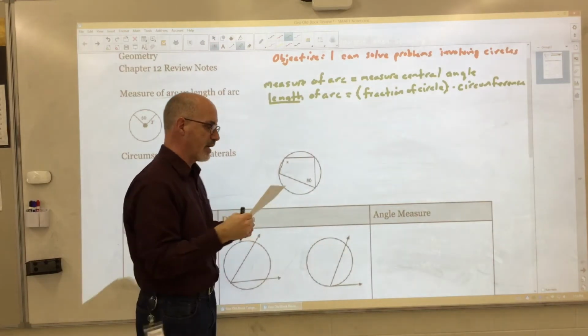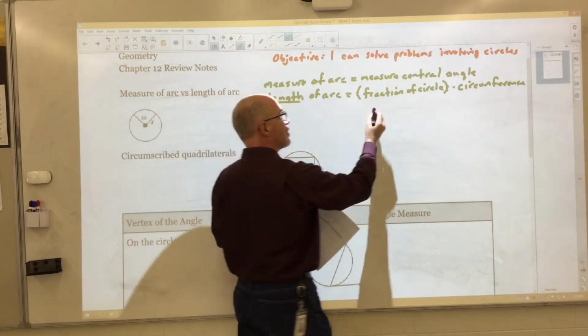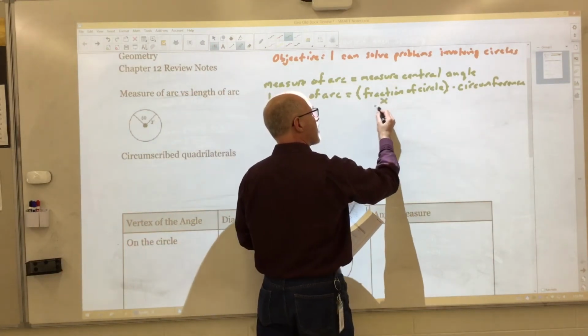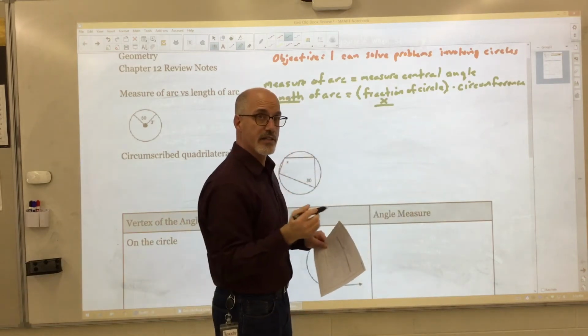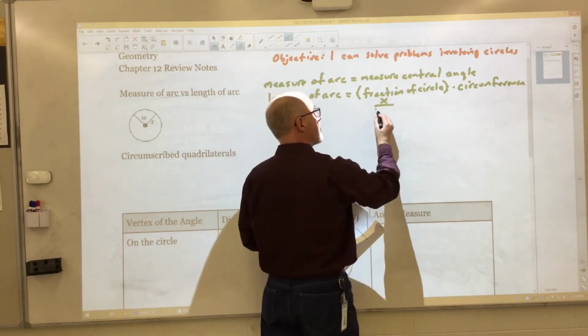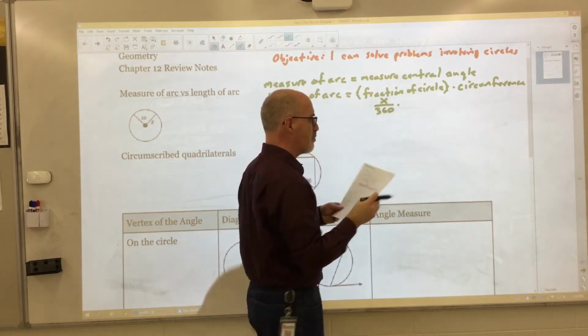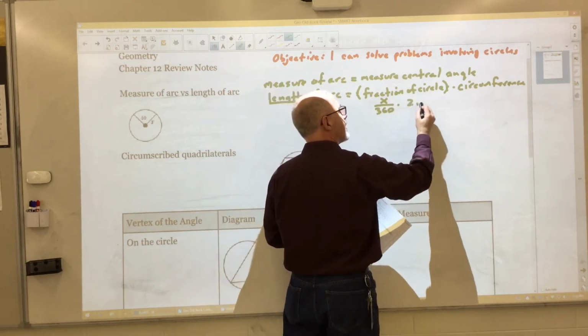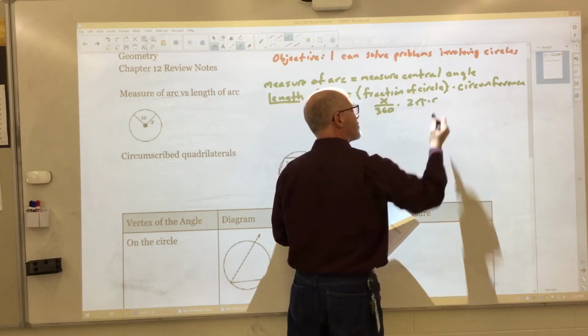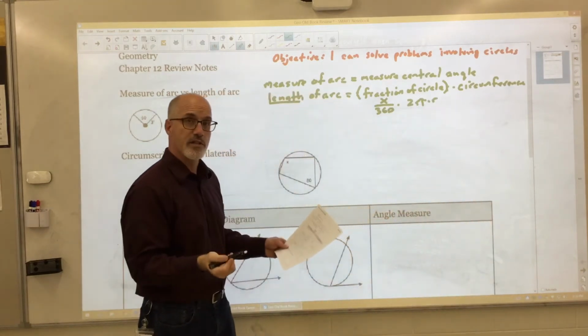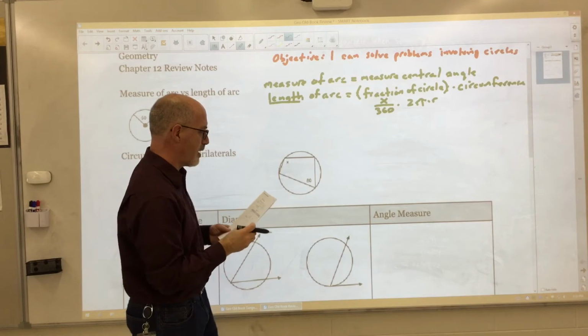So in this case, whatever the measure of the arc is, we'll call that x, over 360, and you multiply it by 2 pi times the radius, because multiplying the radius by 2 pi gives us the circumference.